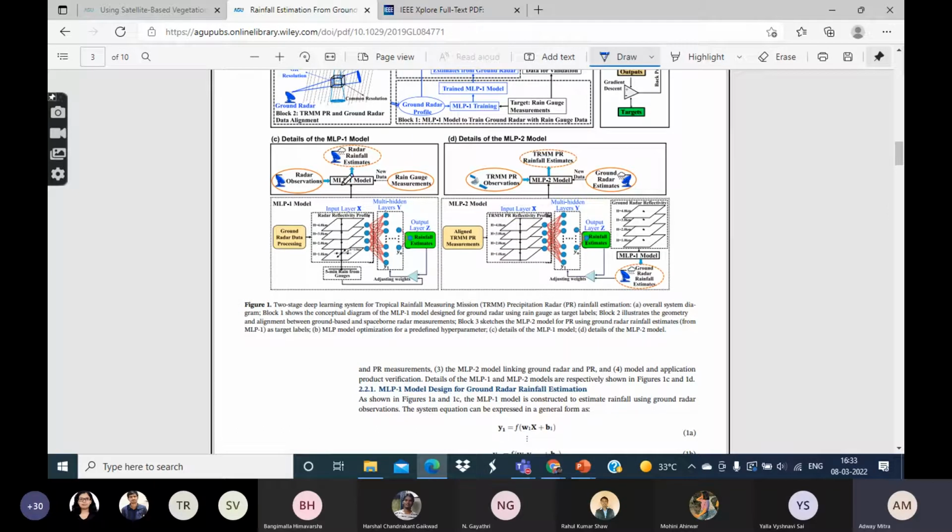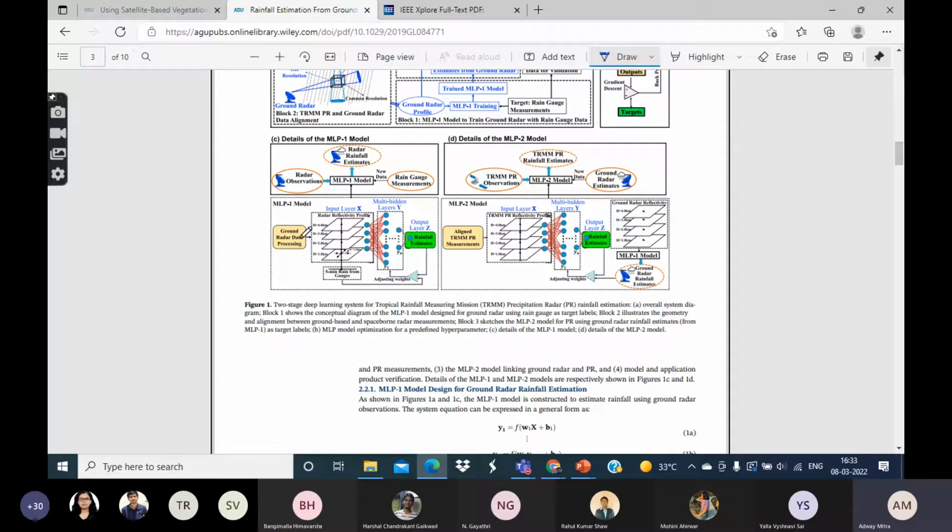The first model, MLP1, just to recapitulate once again, its input is the ground radar observations, the training labels are the rain gauge measurements, and once the model is trained, it gives the spatial map of the rainfall based on the radar. And this is what the model basically looks like.